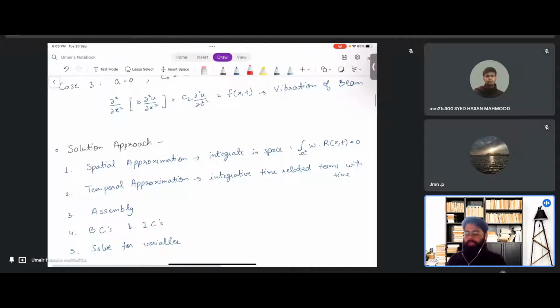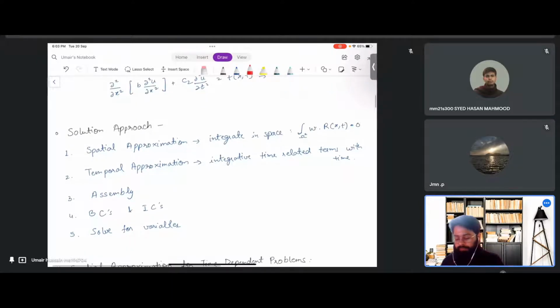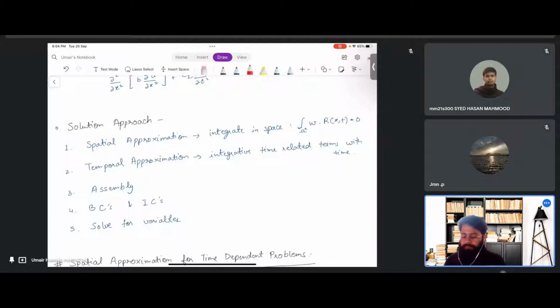The solution approach for time-dependent problems is as follows. First, we perform a spatial approximation. We integrate in space to get rid of the derivative terms with respect to space, so that our partial differential equation gets converted into an ordinary differential equation with respect to time only.